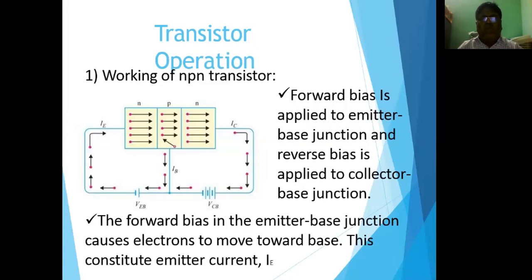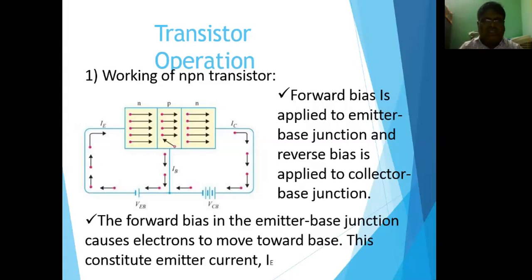Forward bias is applied to the emitter base junction, and reverse bias is applied to the collector base junction. Forward voltage is applied between base and emitter, and reverse voltage is applied between base and collector.